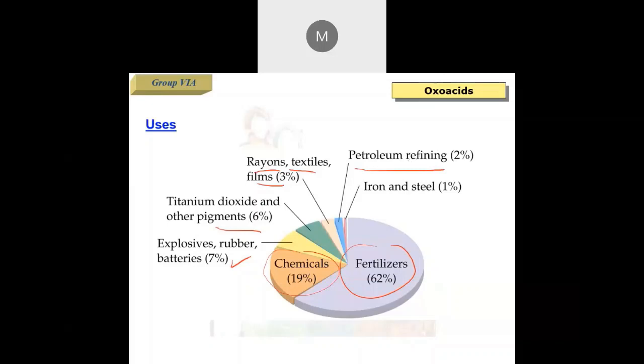We know that petroleum has a lot of sulfur, so they have to remove them and refine them. Iron and steel: some of these impurities are introduced into iron to form different mechanical strengths of steel. So sulfur can also be one of the impurities.